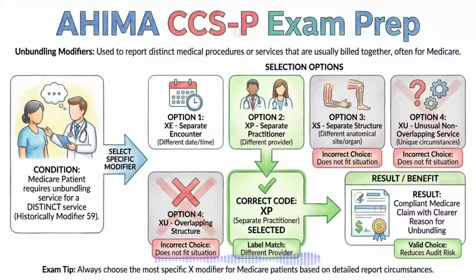Because Modifier 59 was historically abused by some clinics, Medicare introduced 4 highly specific X modifiers to provide clearer reasons for unbundling. These are modifiers XE for a separate encounter, XP for a separate practitioner, XS for a separate structure, and XU for an unusual non-overlapping service.